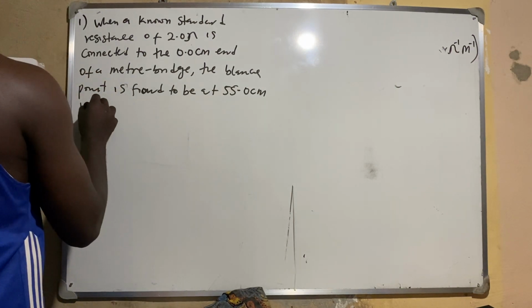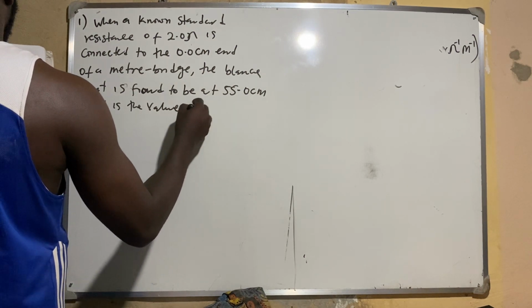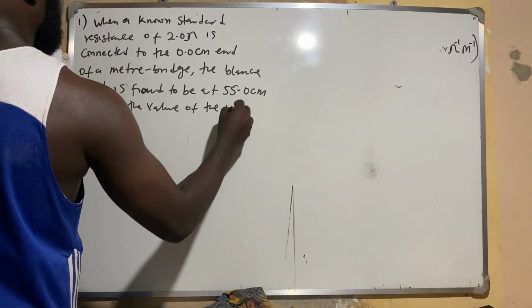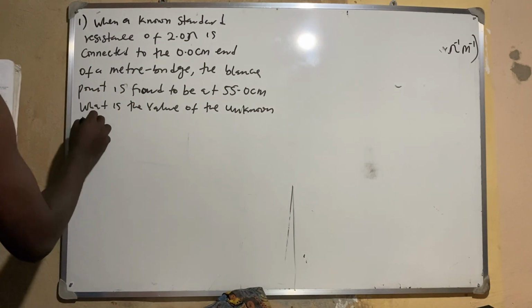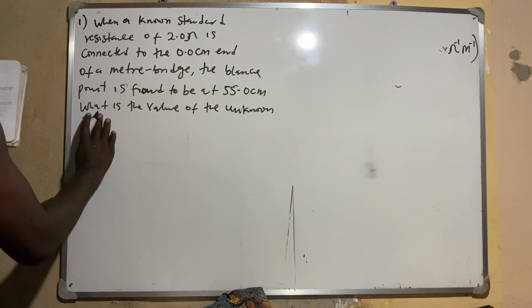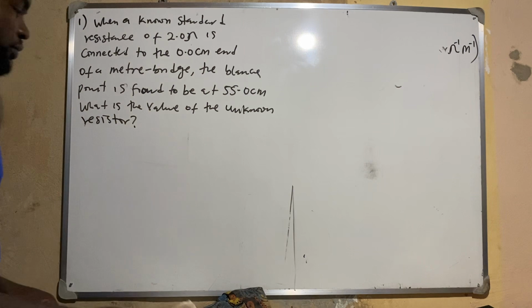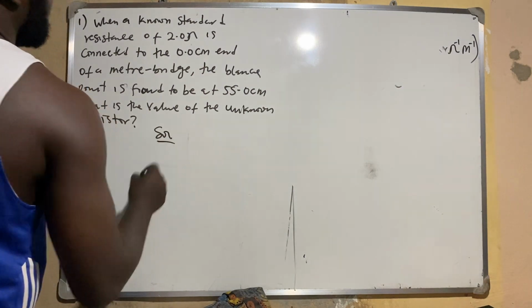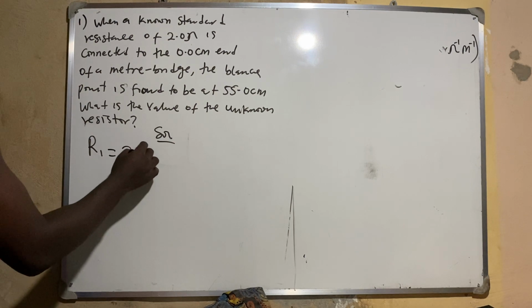What is the value of the unknown resistor? Solution: our R1, the known one, is 2 ohms.